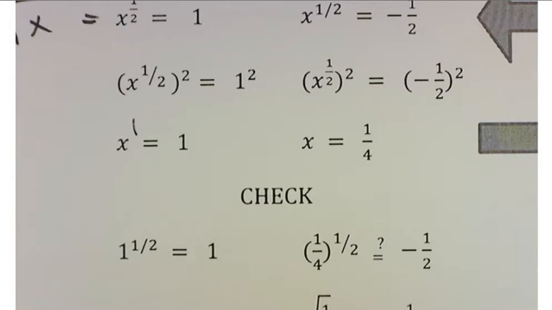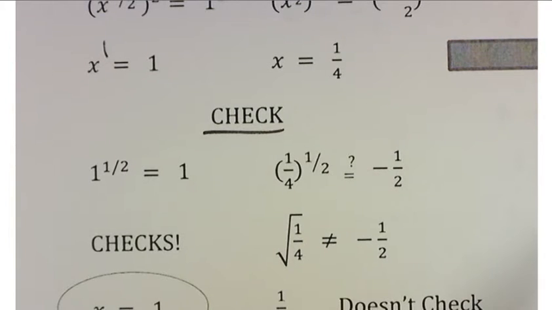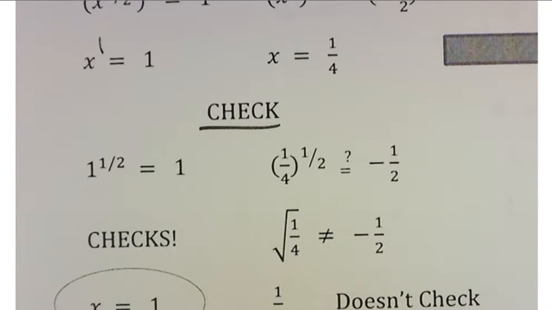Anyone? Oh, you had to check it. Good job. Thank you. So you had to check your answers, and when you check, the square root of 1 checks. The square root of 1/4 is not negative 1/2, so it doesn't check. All right, that's a little bit of an odd situation for us in these types of problems, but it does come up.